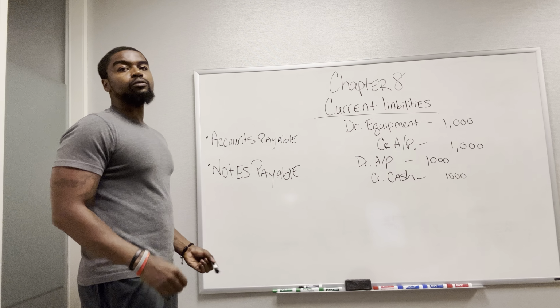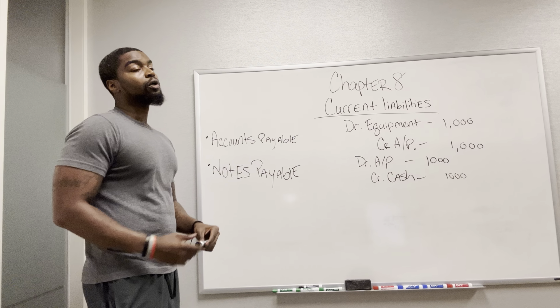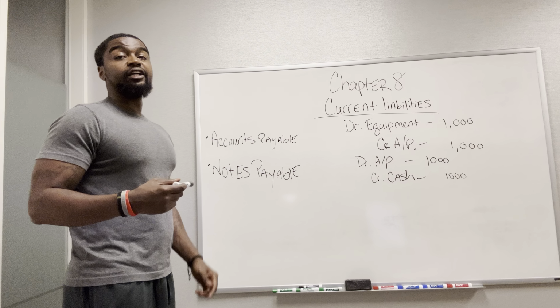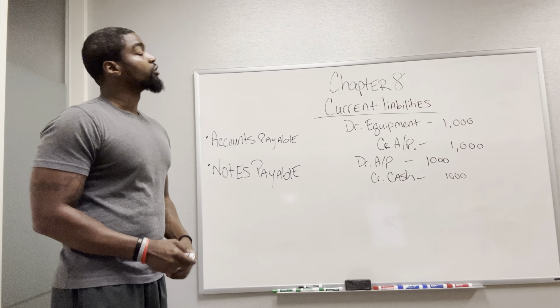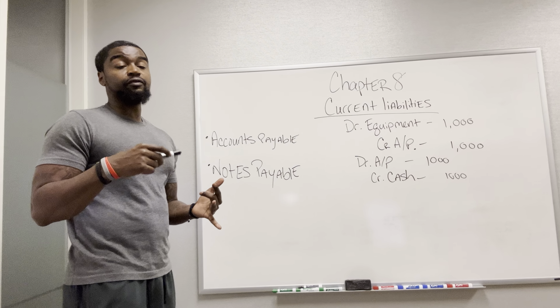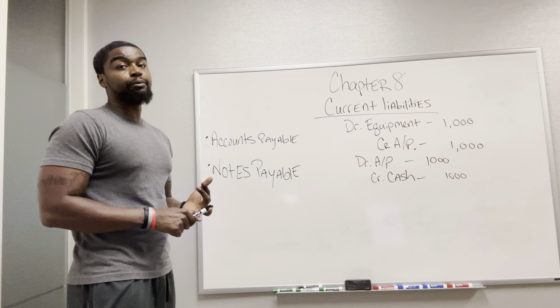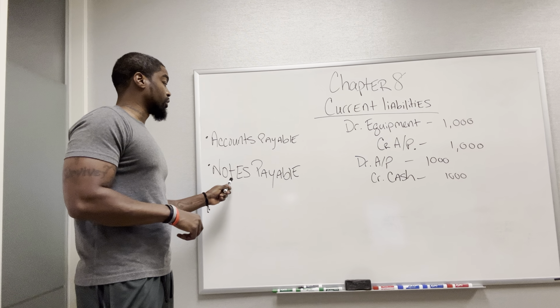For notes payable, the entry works the exact same way, except you would have notes payable. But in the book, it introduces the interest expense related to notes payable. So anytime there's an interest expense paid or even received, right, we have to record that separately. We cannot record the interest expense or interest payable to the note.